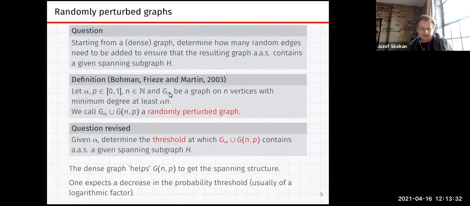So how do we marry these two things together? The answer is that we will look at randomly perturbed graphs.